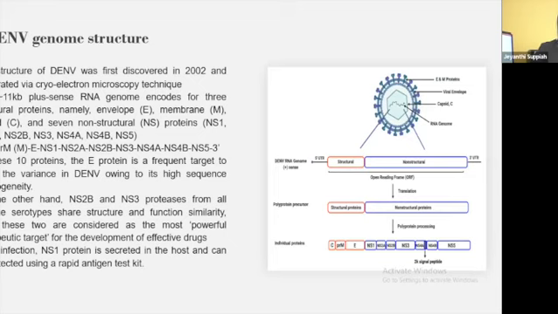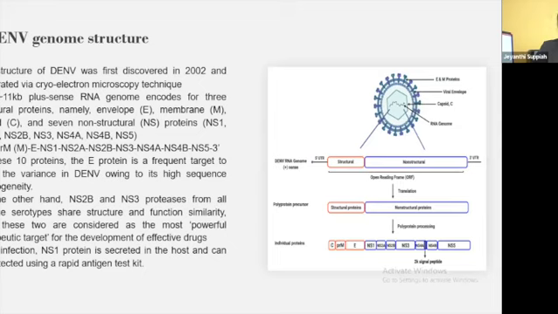Of these 10 proteins, the E protein is a frequent target to study the variants. Why? Because it has high heterogeneity, meaning that the nucleotide sequence of the E protein differs highly from serotype to serotype. So it is a good target to study variants in dengue virus. On the other hand, the NS2B and NS3 proteases from all dengue serotypes share structure and function similarity.